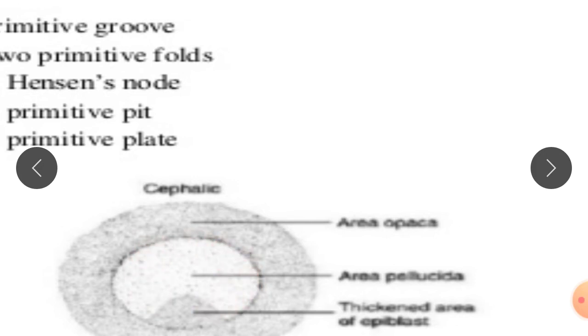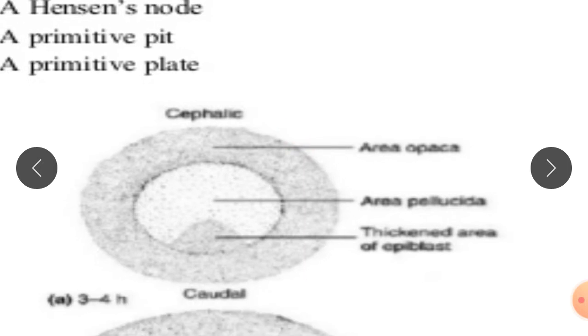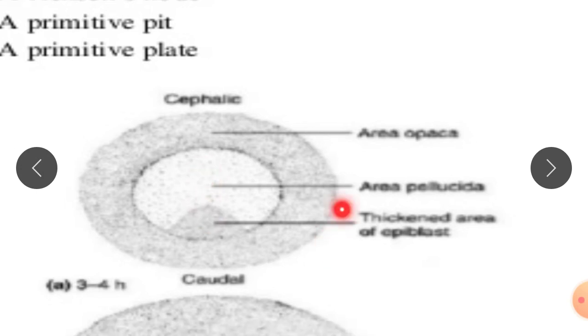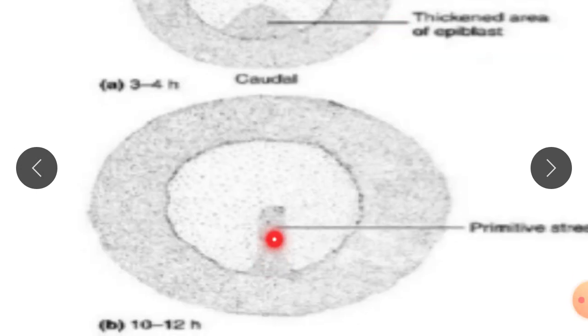As a result, all cells are accumulating here at the mid-dorsal region, just below the epiblast, and this becomes thicker, and this continues anteriorly as a thick rod-like structure just below the epiblast. This is called primitive streak.